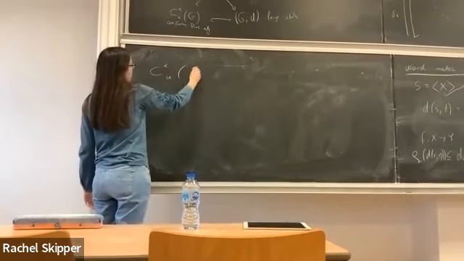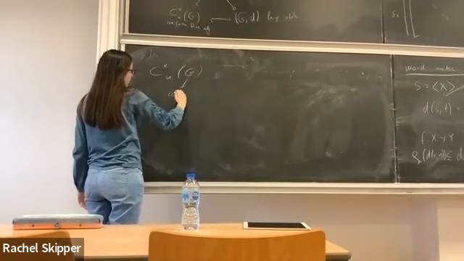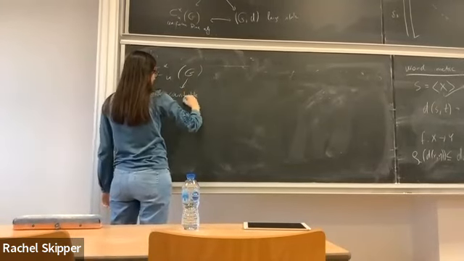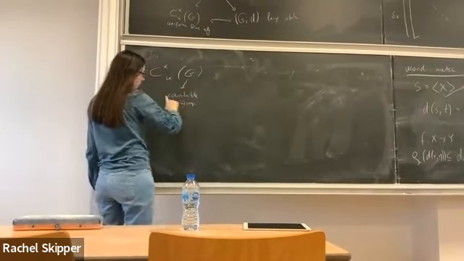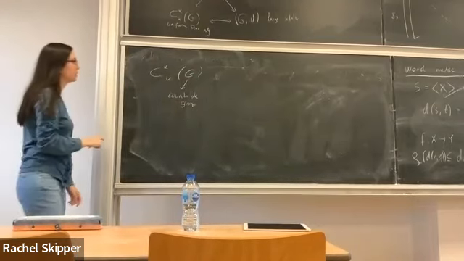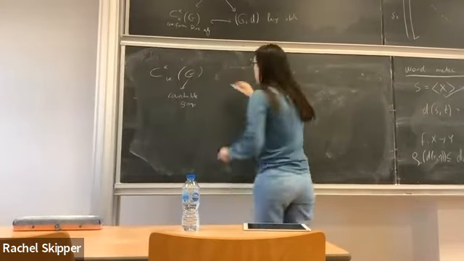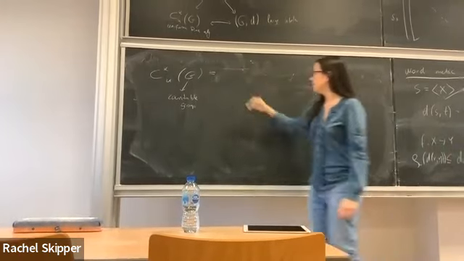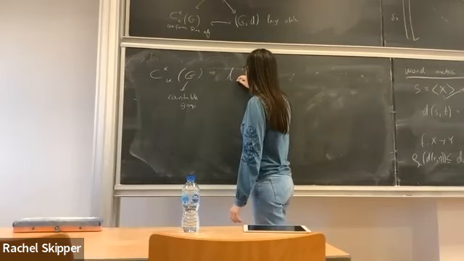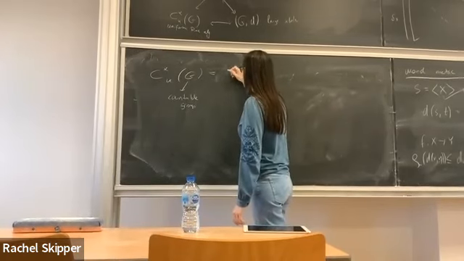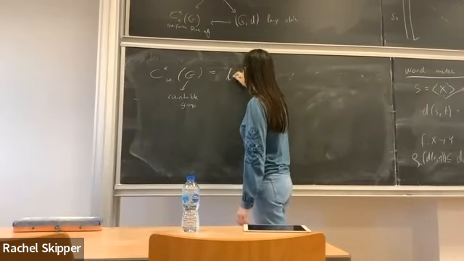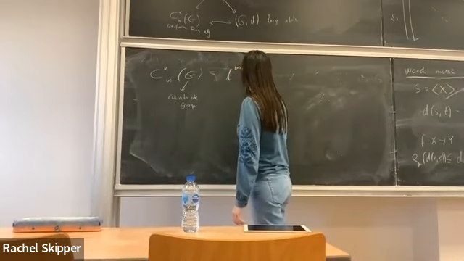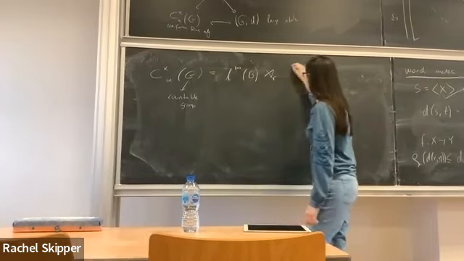If G is a countable group, and I will tell you how to make a countable group into a metric space, then C*_u(G) can also be obtained as a crossed product C*-algebra, L infinity(G) reduced crossed product G.